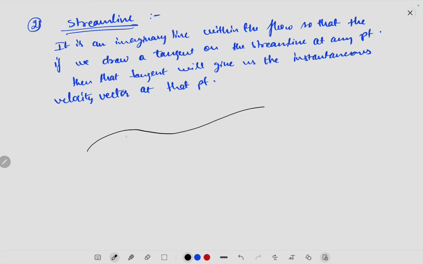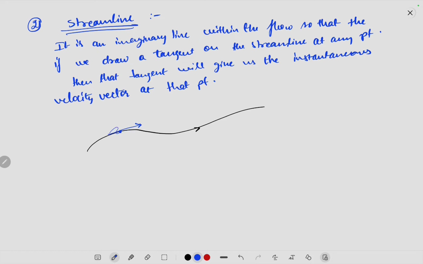So what can you say about the instantaneous velocity vector at this point? We just said that the tangent constructed on this streamline would give us the velocity vector.